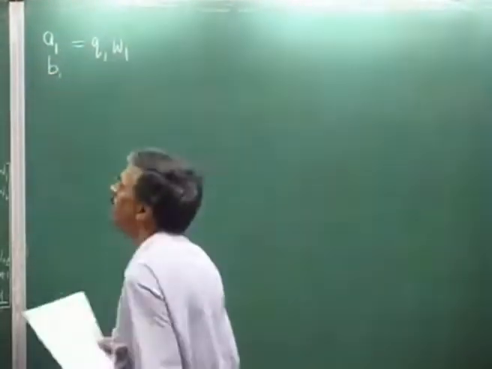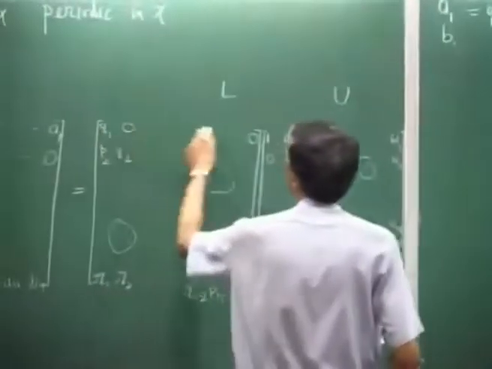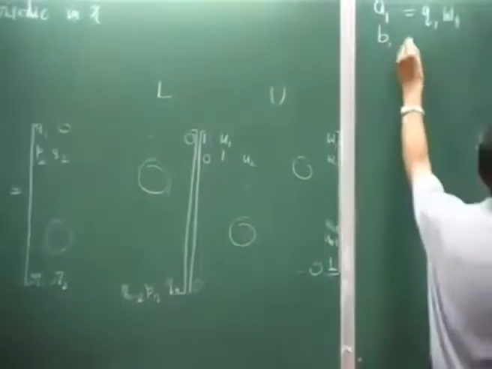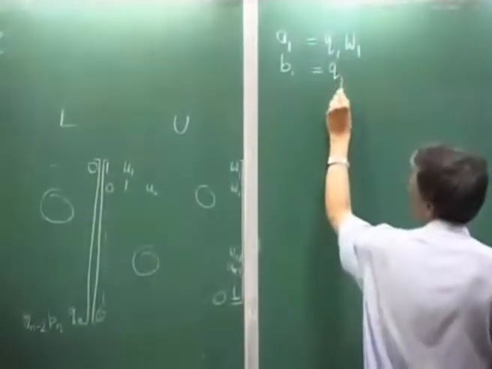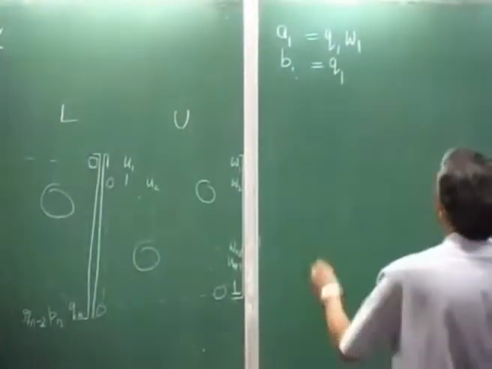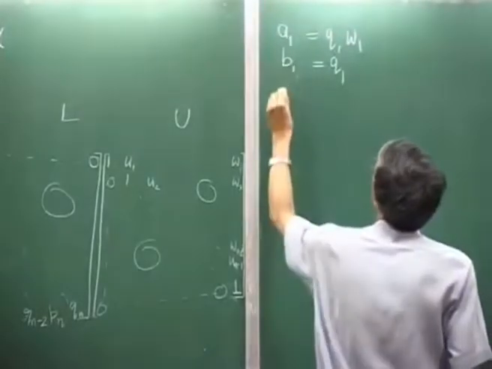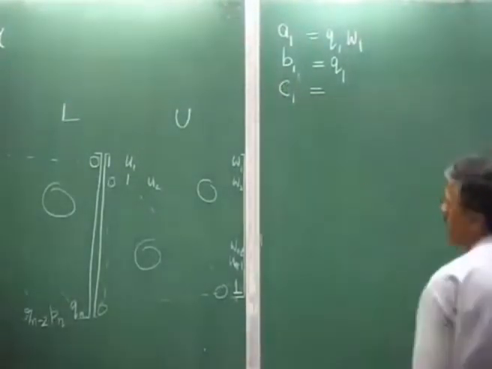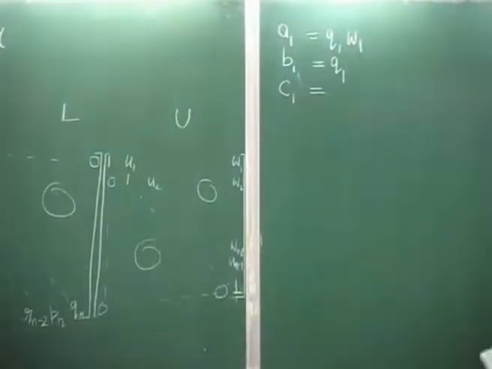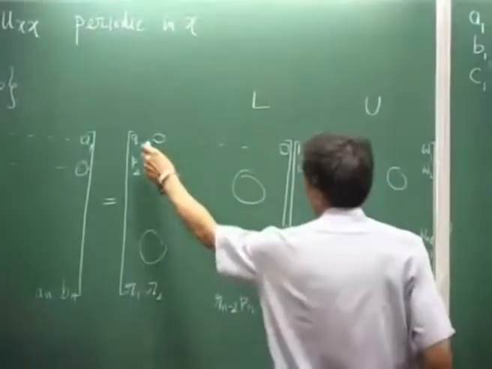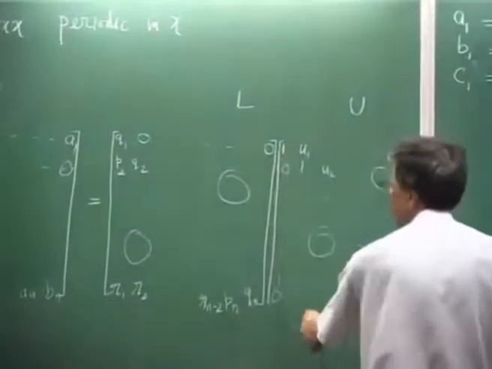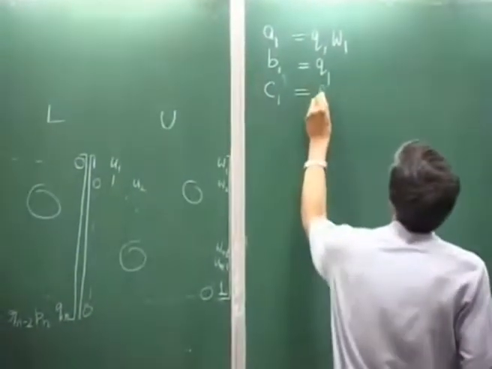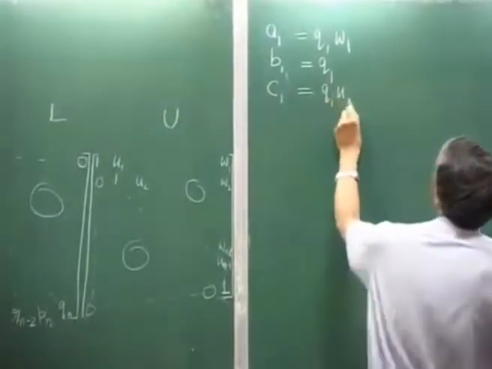B 1 I should be multiplying this with the first column here, and that would be simply equal to Q 1. And similarly, we could write C 1 would be nothing but the first row with the second column, right. So, that should give us Q 1 into U 1.